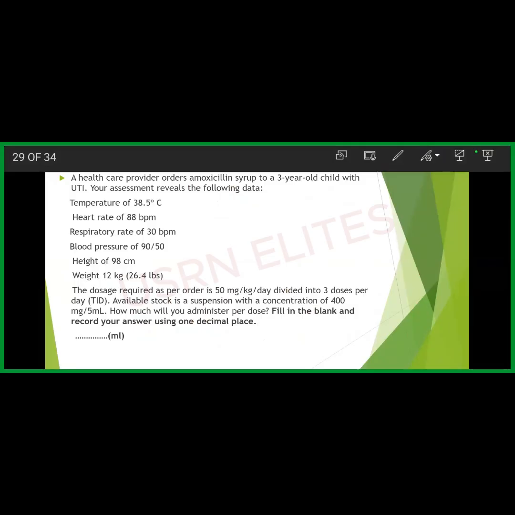All right, so let's go through again. It looks like how you did it was a long process, which is why she's finding it difficult to understand. So let's go with yours. How did you do it? Okay, so the 12 kg, I multiplied it by the 50 mg per kg, so we had 50 times 12.